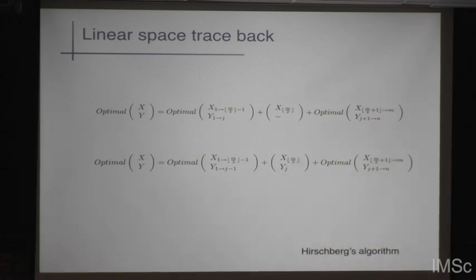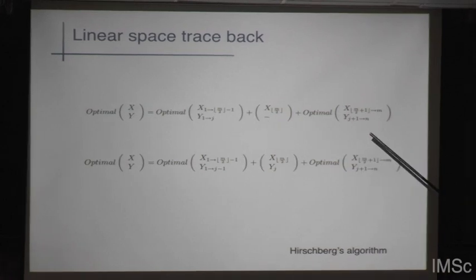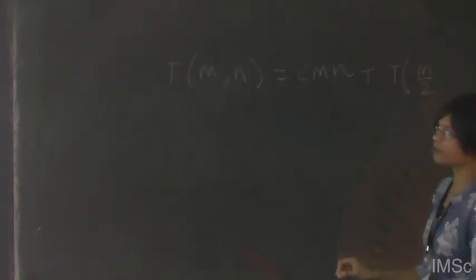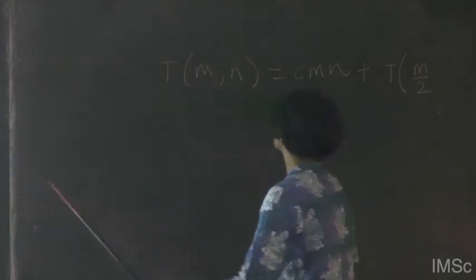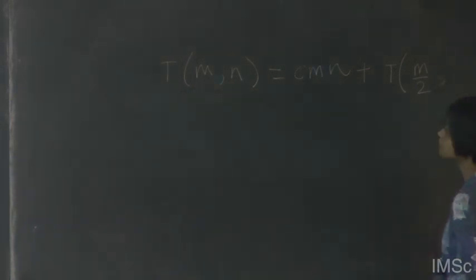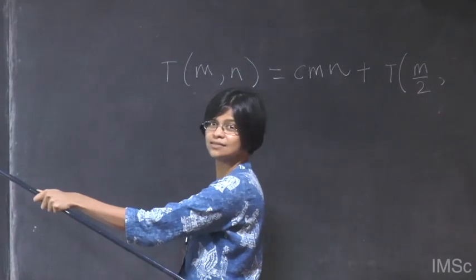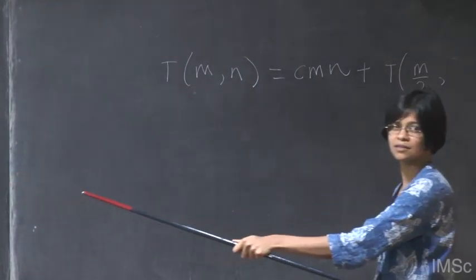So then you have T of m comma n is equal to a constant times mn, right, to figure those out, plus you have this problem to solve and that problem to solve, right. So you have T of m by 2, that problem has become small by half, the x part, right, and we don't know what that second part is, it depends on j.